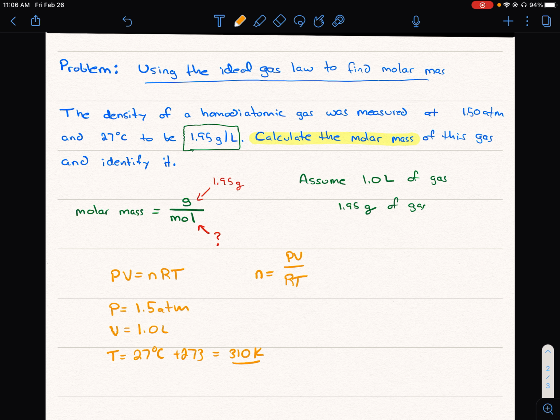So now we can plug into our equation. And so we have 1.5 atm. We're going to multiply that by our 1.0 liters and then divide by our universal gas constant, 0.08206 liters times atmospheres over moles times Kelvin times our temperature of 300 Kelvin.